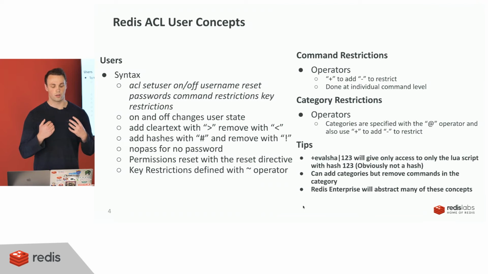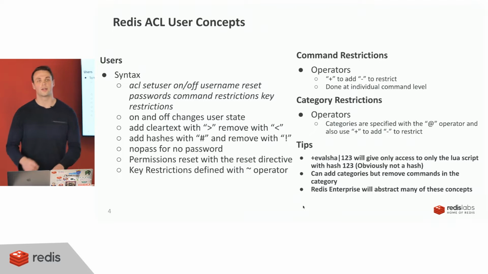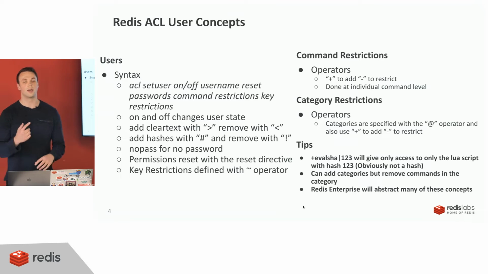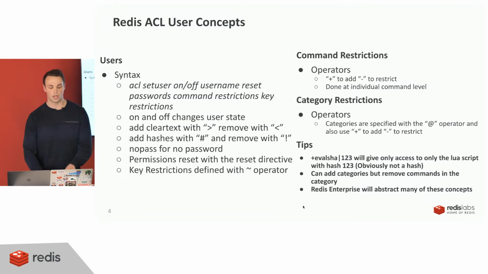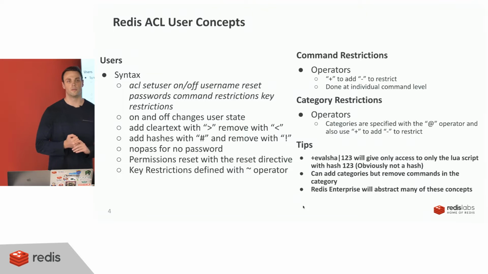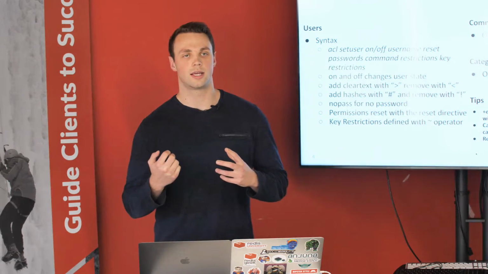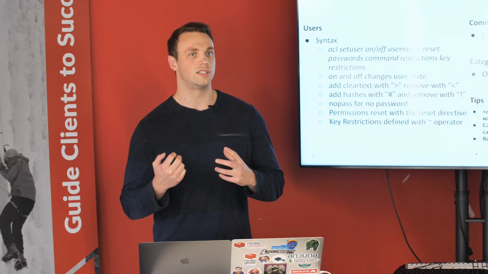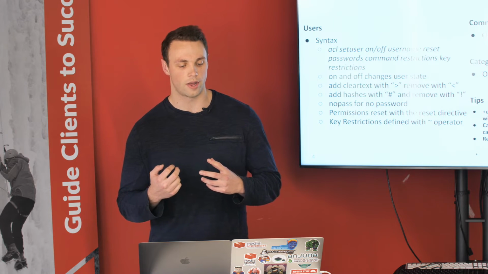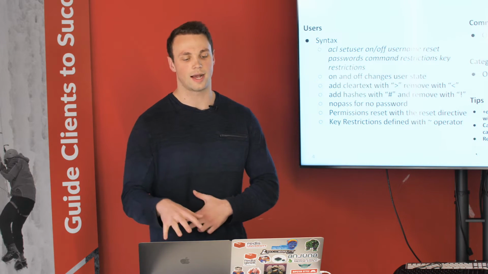There's also the ability to restrict on keys, and this is done with the tilde operator. The tilde operator has the ability to whitelist keys. I think that's really powerful because by whitelisting keys, you can specifically specify whether an operator of Redis has access.